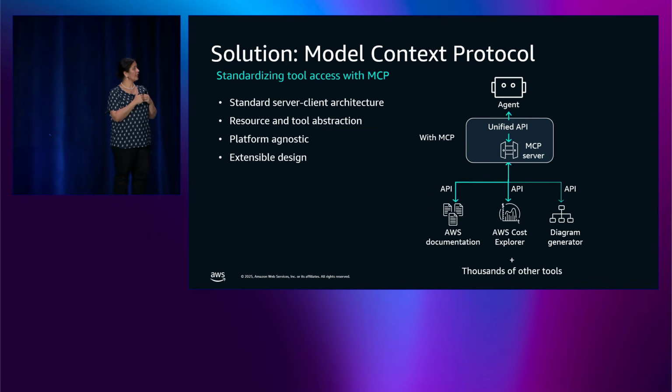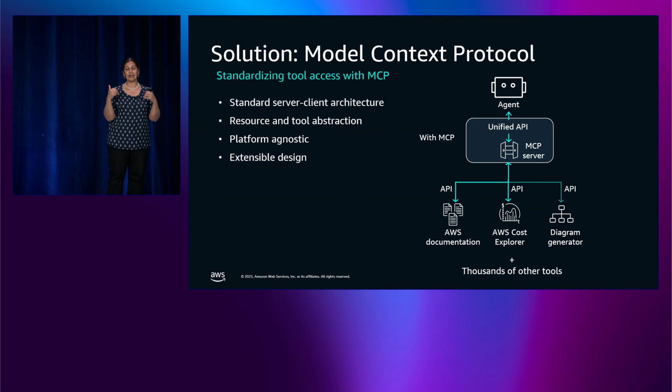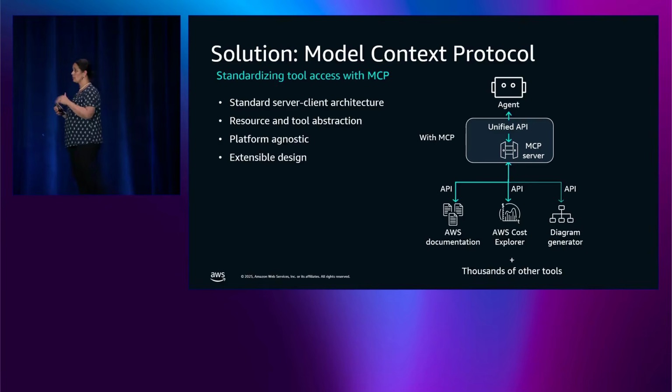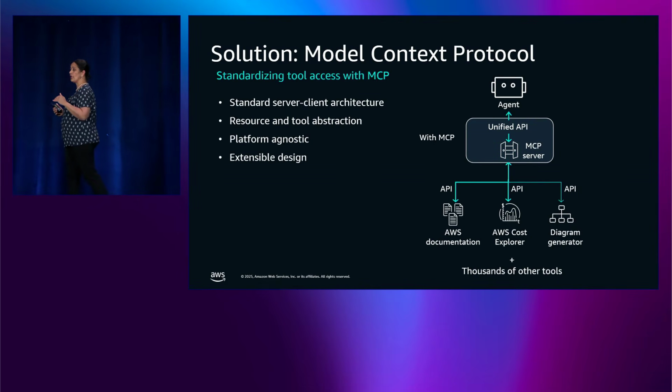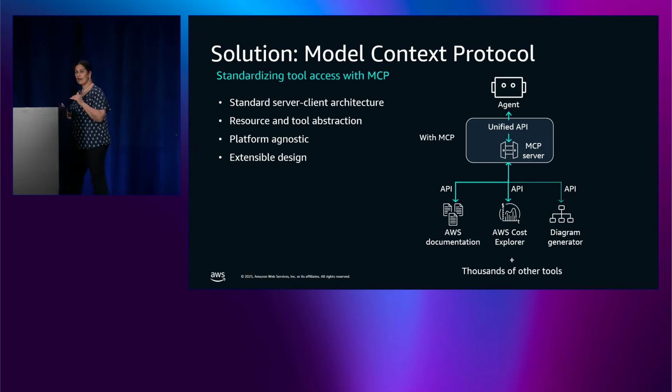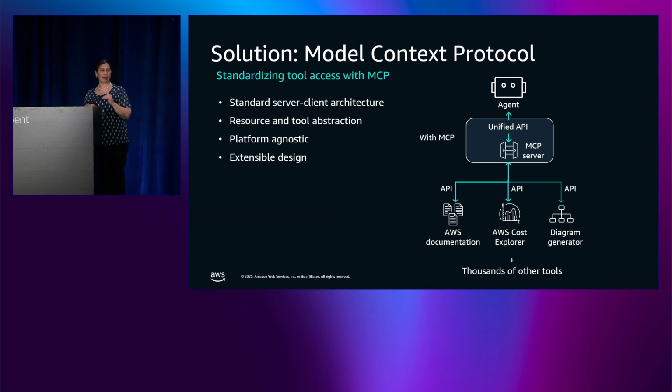If we are connecting to each other in a common way, no one will have issues. So here we have a unified way. The agent has an MCP client, and AWS documentation has an MCP server. And when I say server, it's not like an EC2, it's like a process which explains how to connect to me, what tools I have, and what features of these tools are available, which you can use.